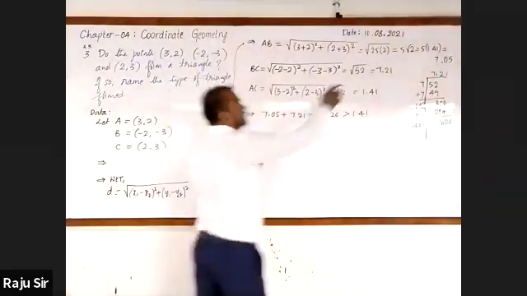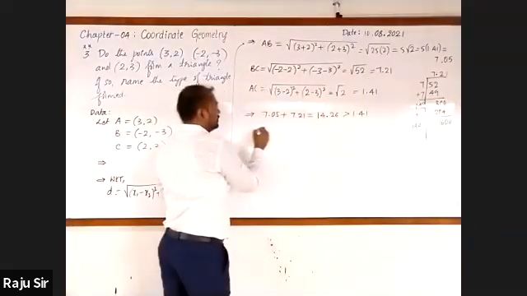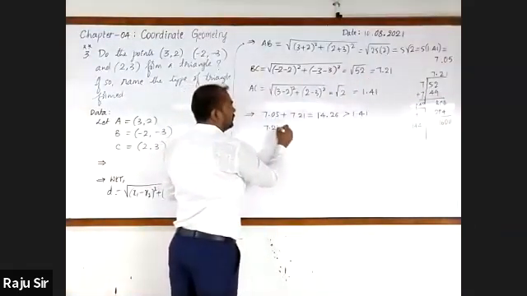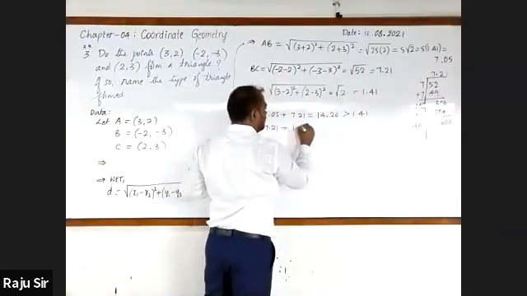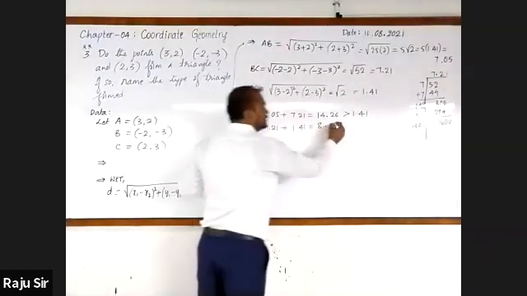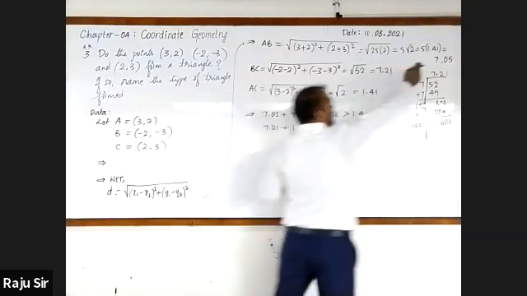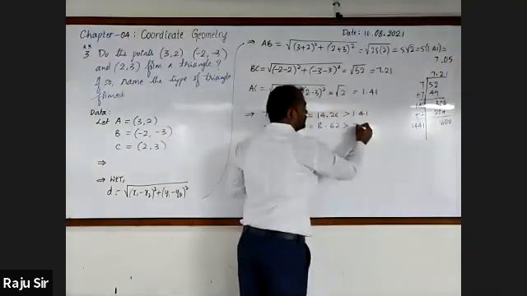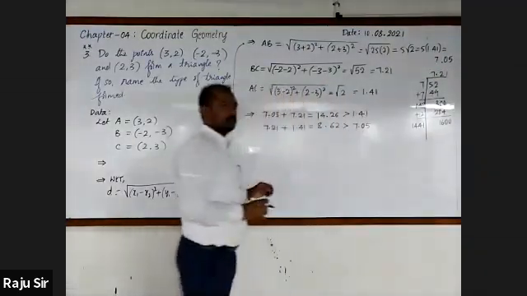Yes, sir. I'll take these two: 7.21 plus 1.41. This will be 8.62, which is greater than 7.05.